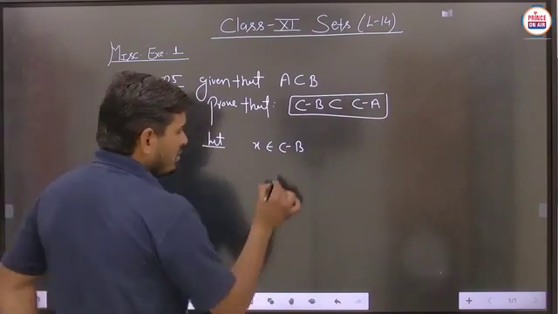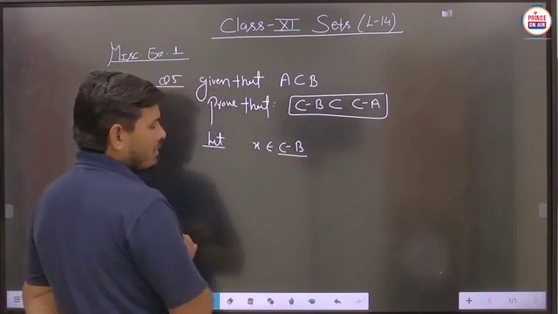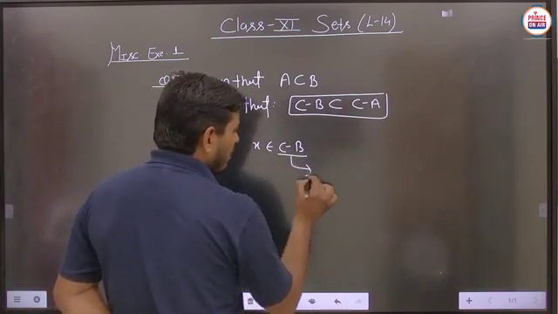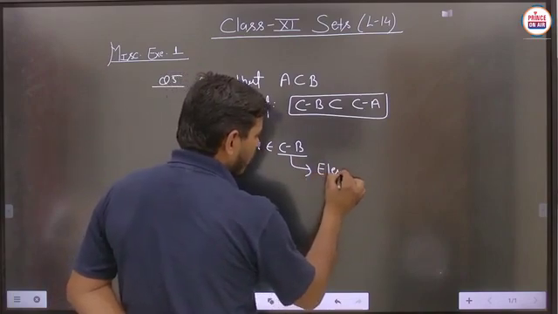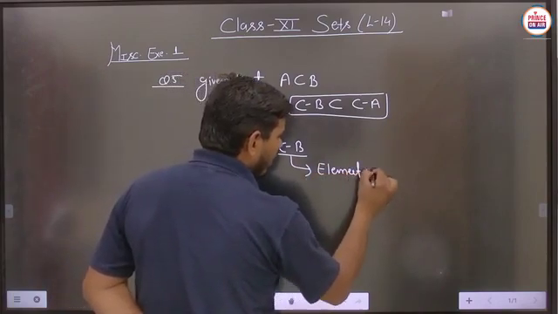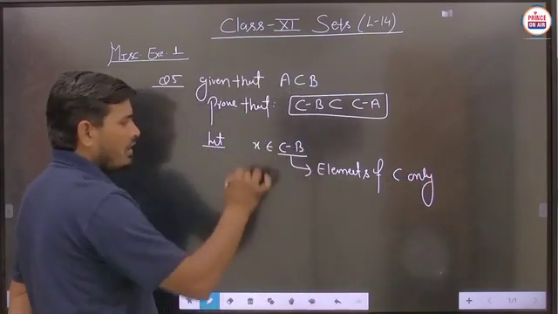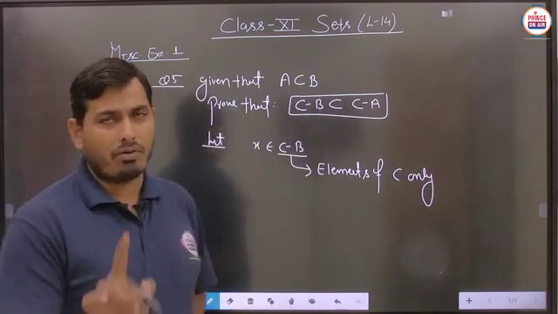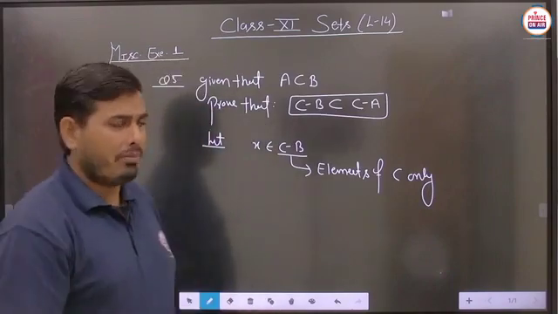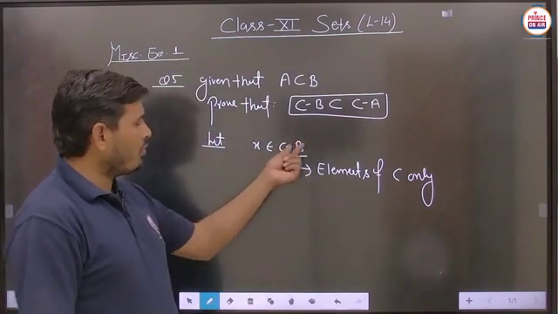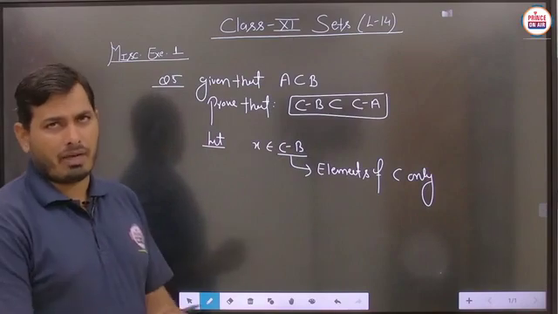In this case, in C minus B, only elements of C will lie. If we calculate C minus B, then we will get the elements of set C only, meaning no element of B will be there in the answer of C minus B. You know this very well.